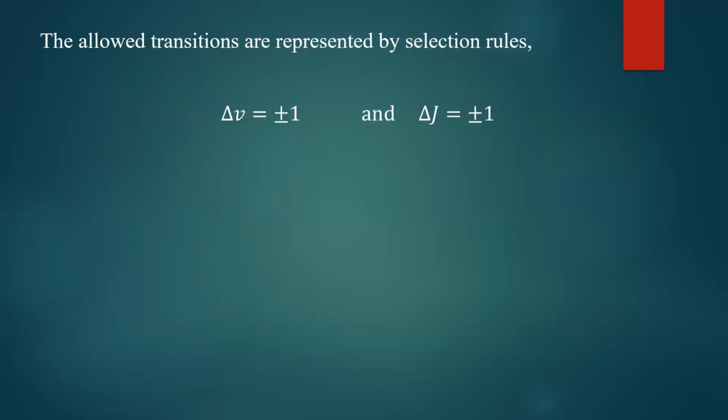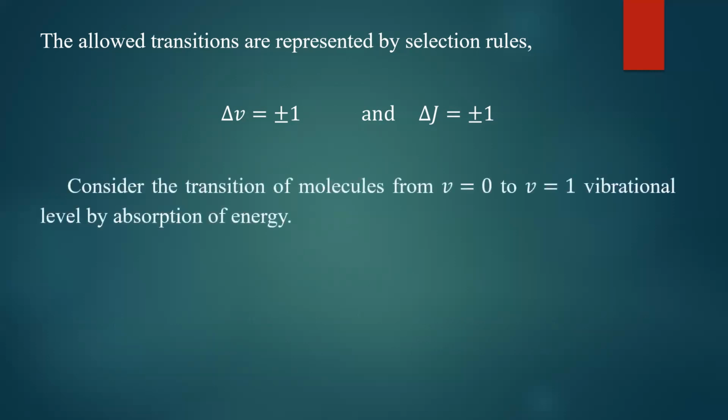These represent the allowed transitions and they are called selection rules. Let us consider a transition of the molecule from V equal to 0 state to V equal to 1 vibrational level by the absorption of energy. So the molecule absorbs energy in the infrared region. The infrared photon is absorbed by the molecule and it can go from V equal to 0 level to V equal to 1 level.